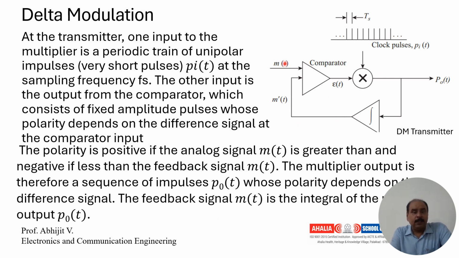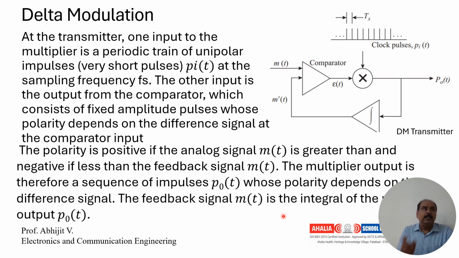The comparator has two inputs, m(t) and m'(t). Here you are checking the difference in polarity using an integrator, and the output of this is fed to the comparator as a feedback signal, that is called m'(t).